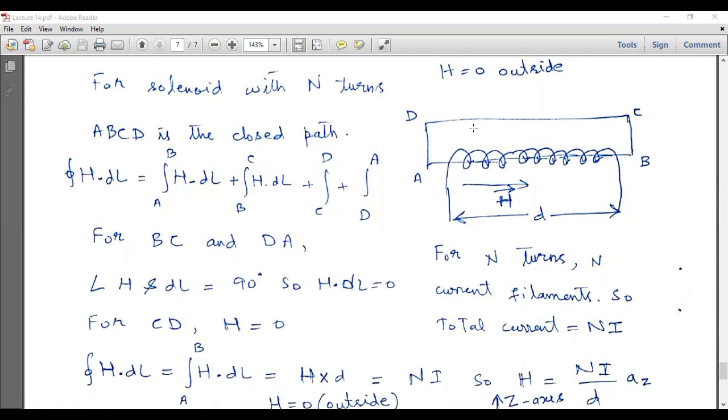For the section C to D, the magnetic field intensity is equal to 0, because the magnetic field intensity is only available inside these turns, so this integral is again equal to 0.